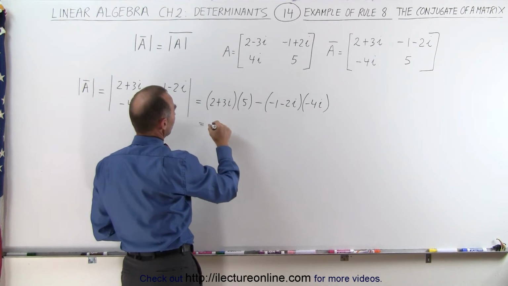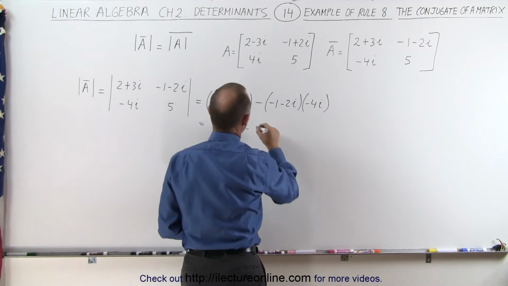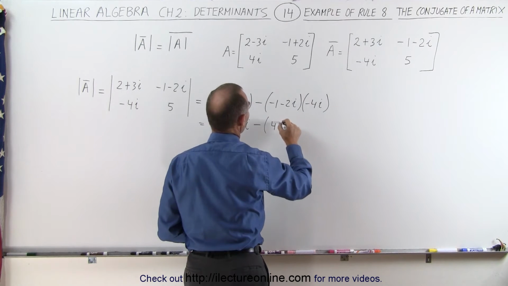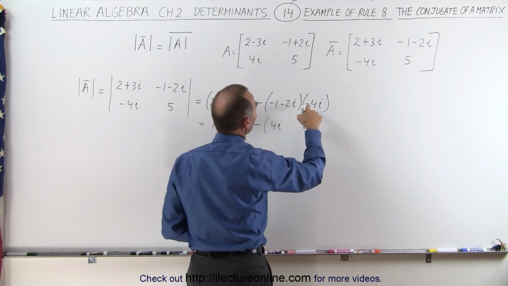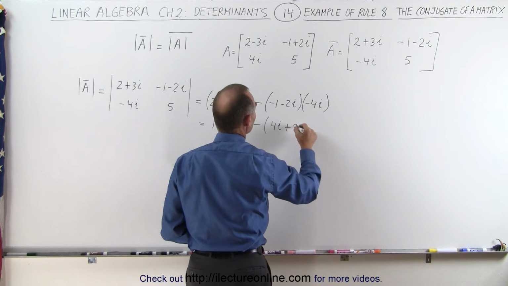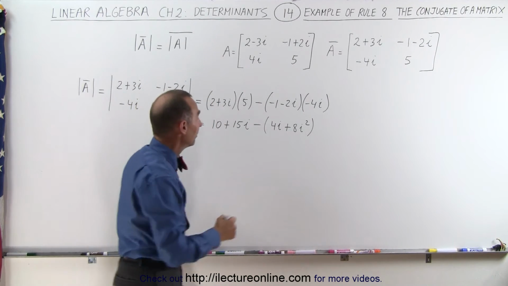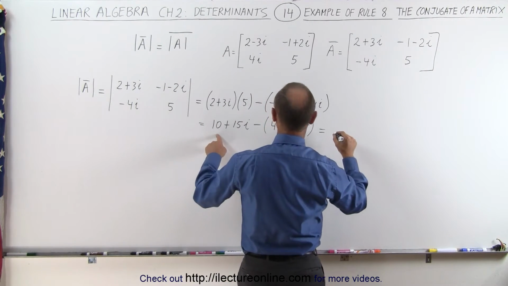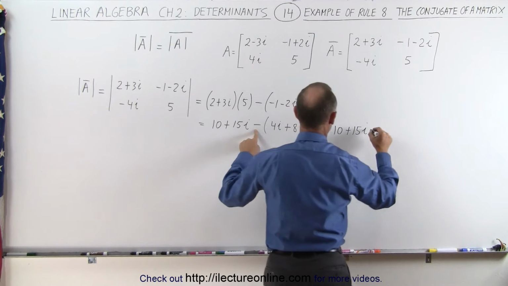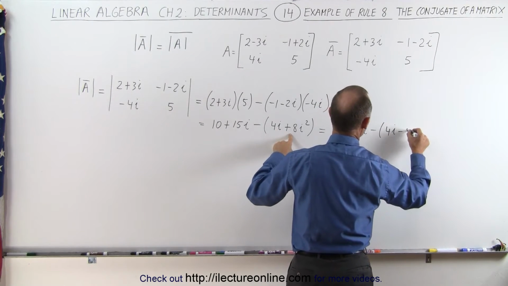Let's simplify that and see what we get. This is equal to 10 plus 15i, minus 1 times minus 4i is plus 4i, and minus 2i times minus 4i is a positive 8i squared. Of course, we should remember that i squared is negative 1. So this can be written as 10 plus 15i minus 4i times negative 8.